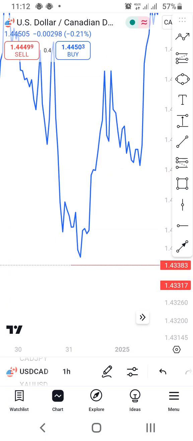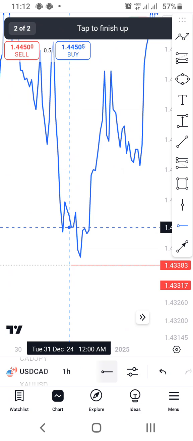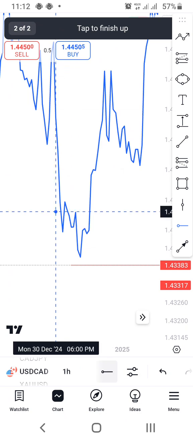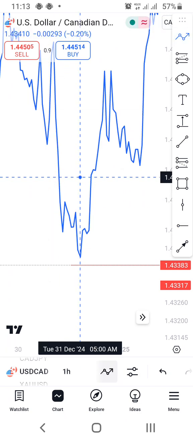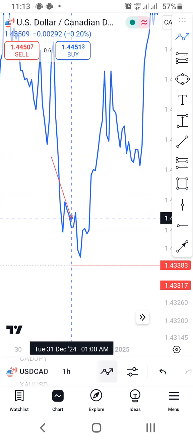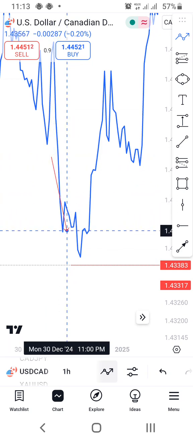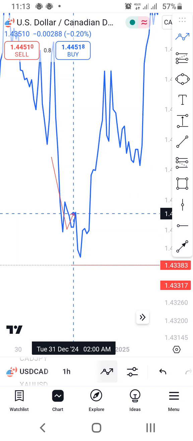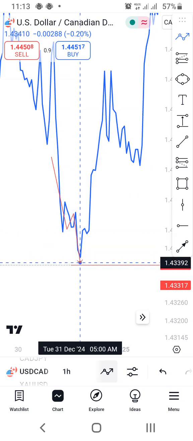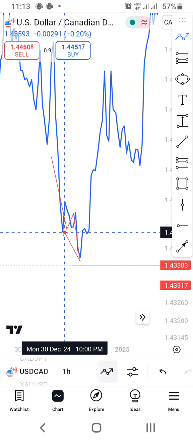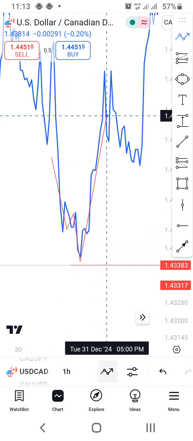Are we having any liquidity there? Yes, we might have. How am I labeling this liquidity, people? You made this, it came, it swept away all this and it shifted up.